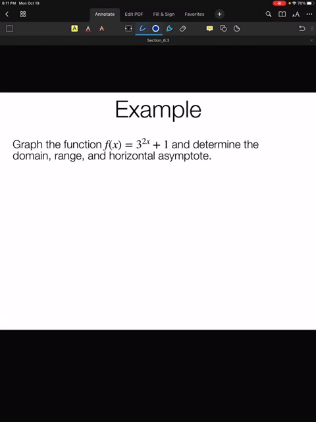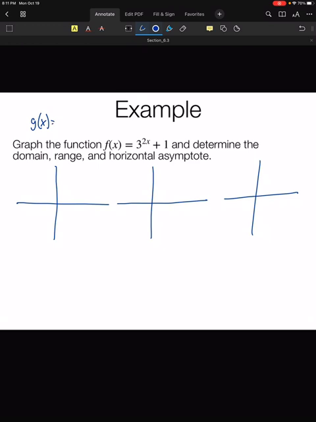So if we thought about the original function, and I'm not going to necessarily require this of you, but I will roughly sketch each of these functions. Our base function that we're working with is, I'll call it maybe g. Our base function g of x that we're working with is 3 raised to the x power.